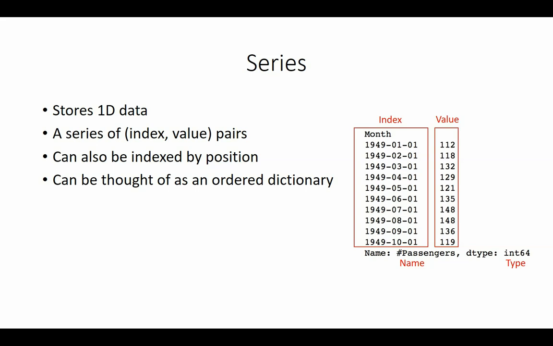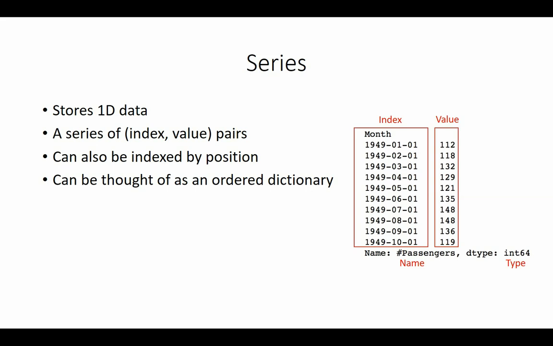And here you can see some example which illustrates that. In this example, we want to store the number of passengers per month. So you see that the index in this case is just a month in 1 year, say. And then the value is just the number of passengers within this month. And you can also give a name to the series, in this case, number of passengers.